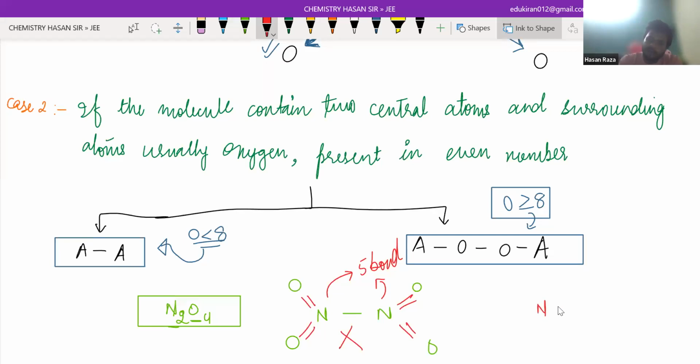So the correct structure is this. One of the oxygens can make a double bond with nitrogen. Now it's 3 bonds, so the fourth bond will be a coordinate bond. Please do write.